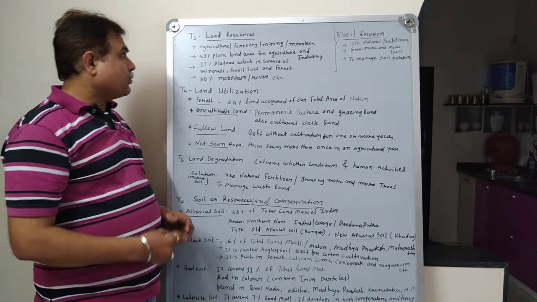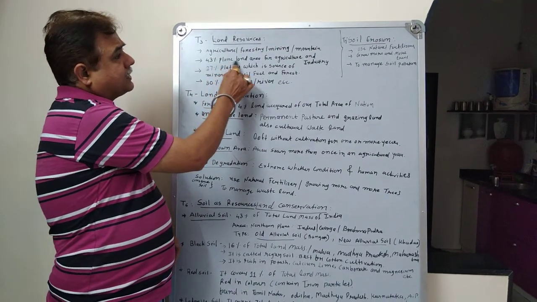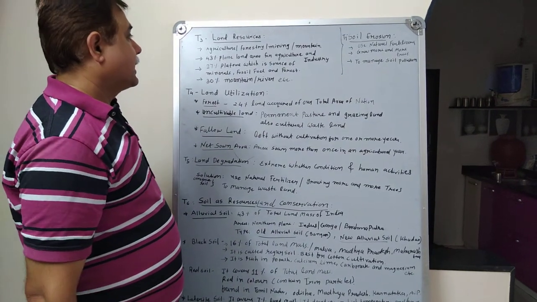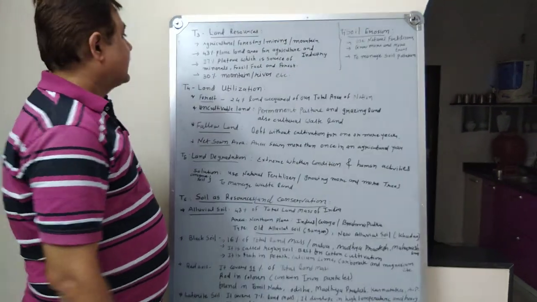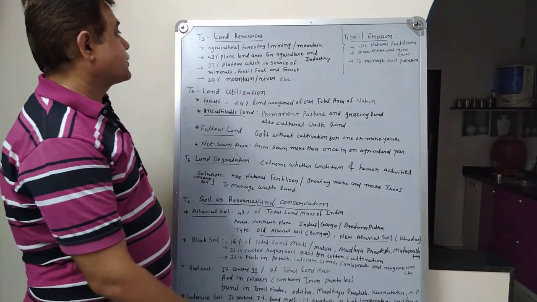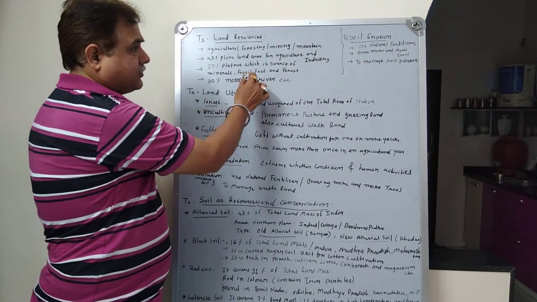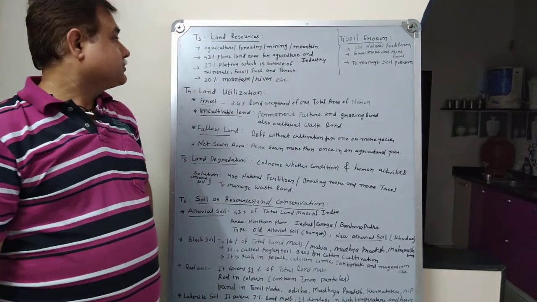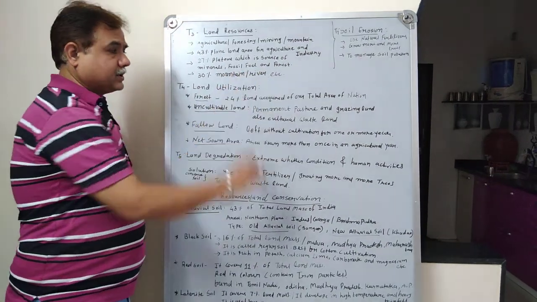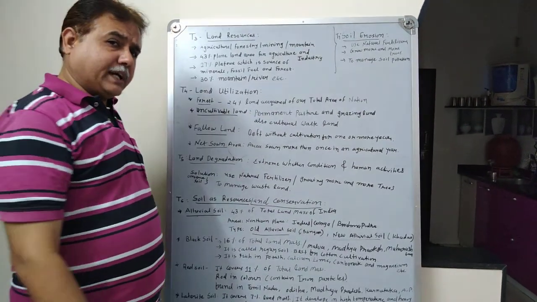Student, we have 43% land area used for agriculture and industries, 27% plateaus, which are a source of minerals, fossil fuel and forest, and 30% are mountains and rivers, etc.